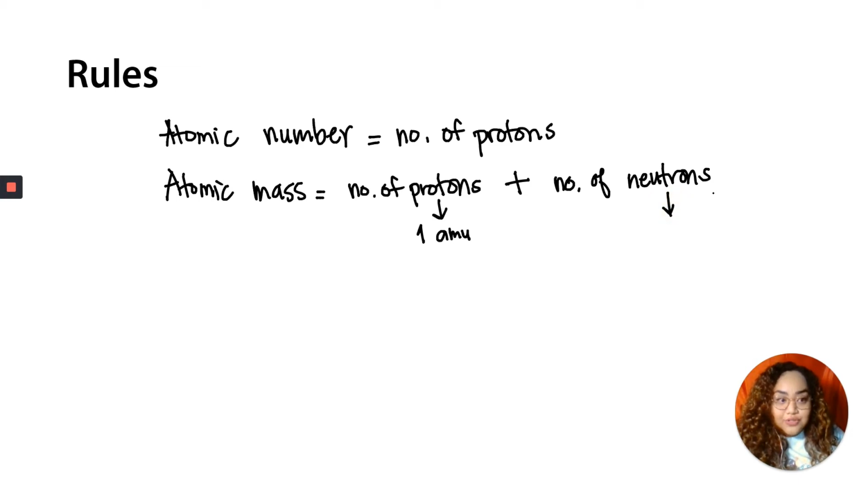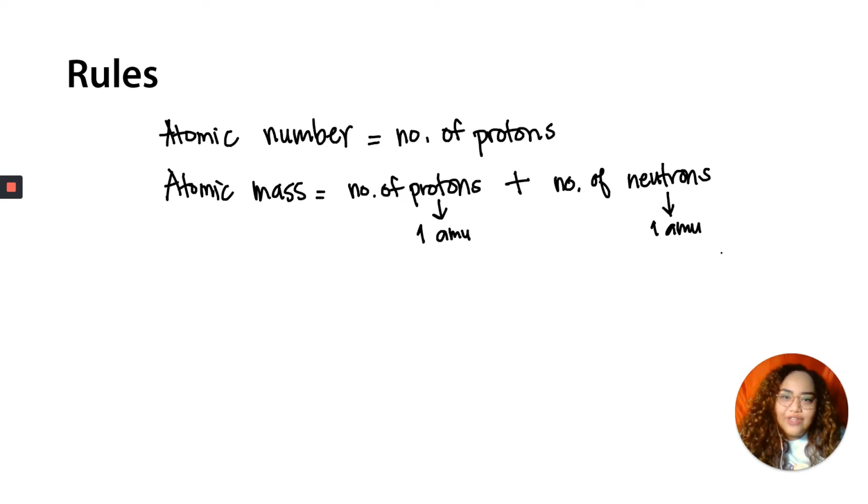And the neutron actually has the same mass, 1 AMU. So they're the only subatomic particles that constitute the atomic mass. What about the electrons? The electrons, not so much, because they're very small. They're very negligible. So they don't really add up to the atomic mass.